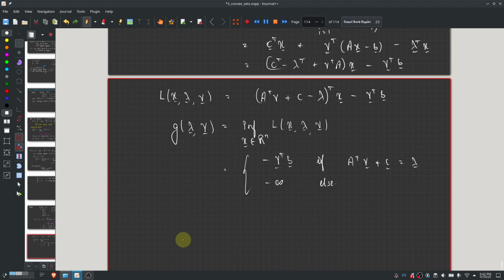So what is the dual optimization problem reduced to? It is to maximize g of lambda comma nu over all lambda greater than or equal to 0 and nu in R^p in this case. So what would that be?